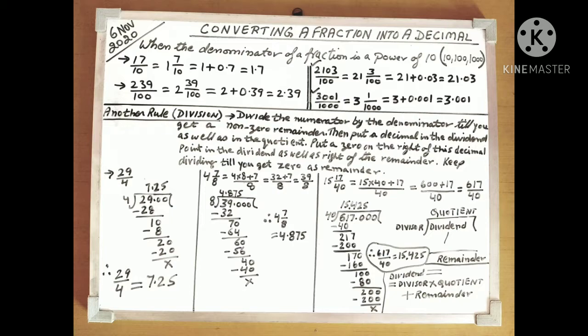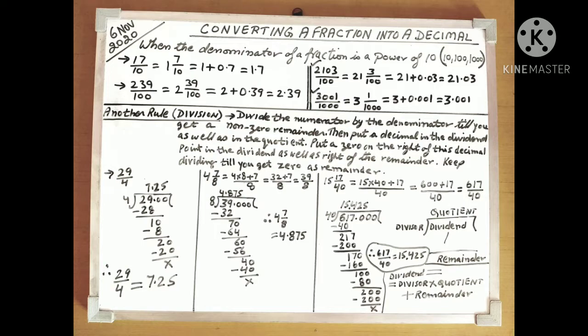Then the final quotient 15.425 will be the required answer. Therefore we write 15 and 17 by 40 is equal to 15.425. Okay. I have written on the board very clearly the divisor, the quotient, the dividend, the remainder.